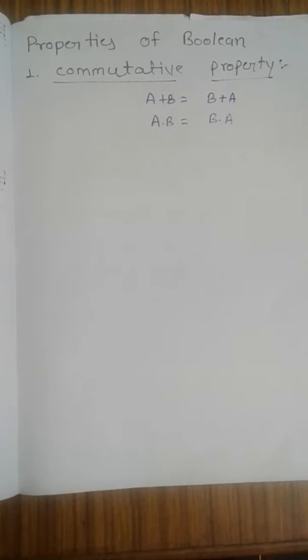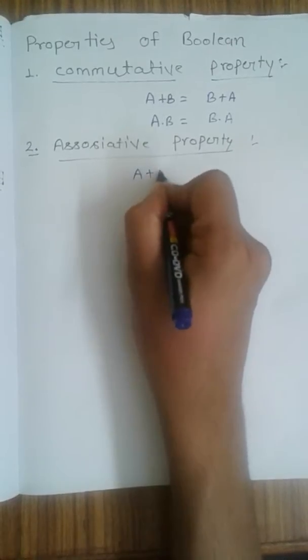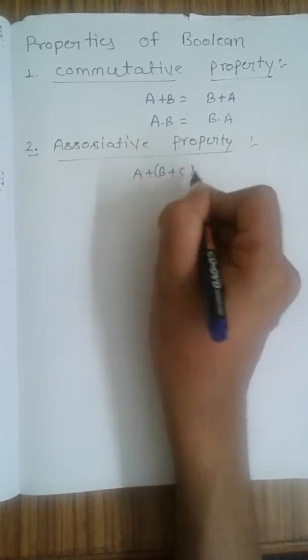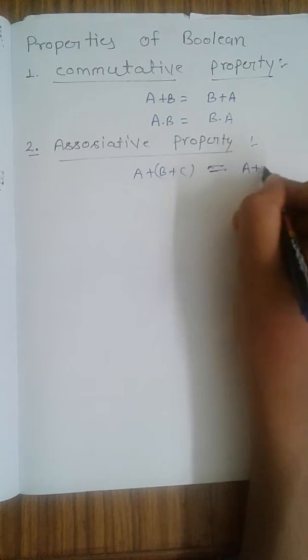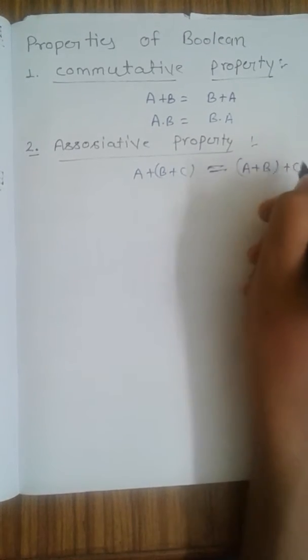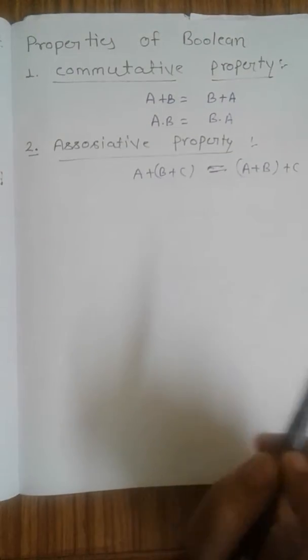And the second one is the associative property. According to this property, suppose we have to add three numbers, a, b, and c.